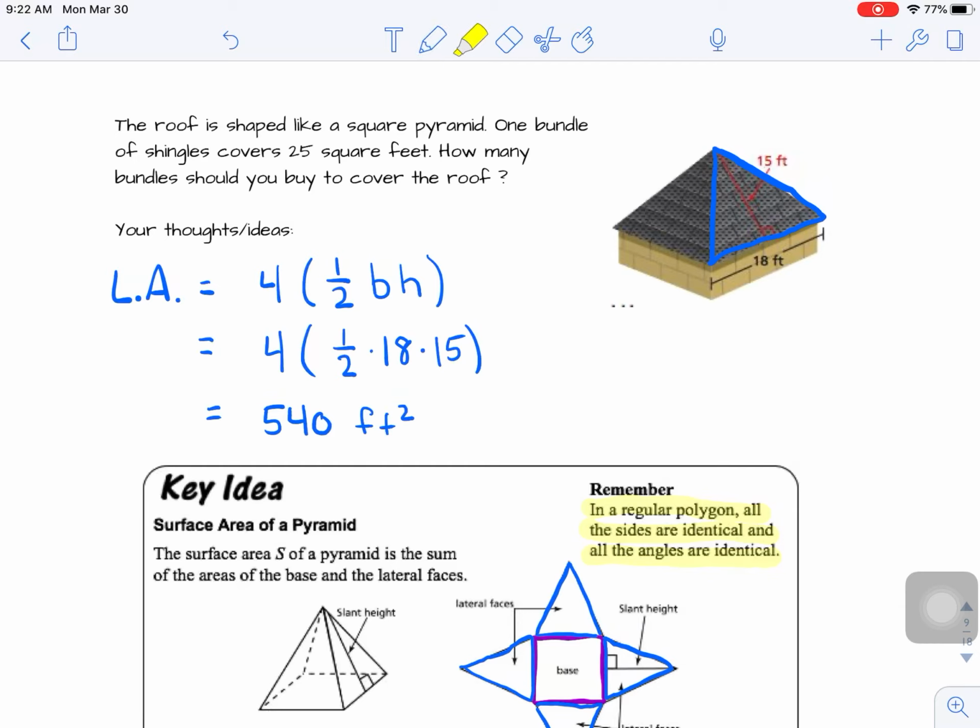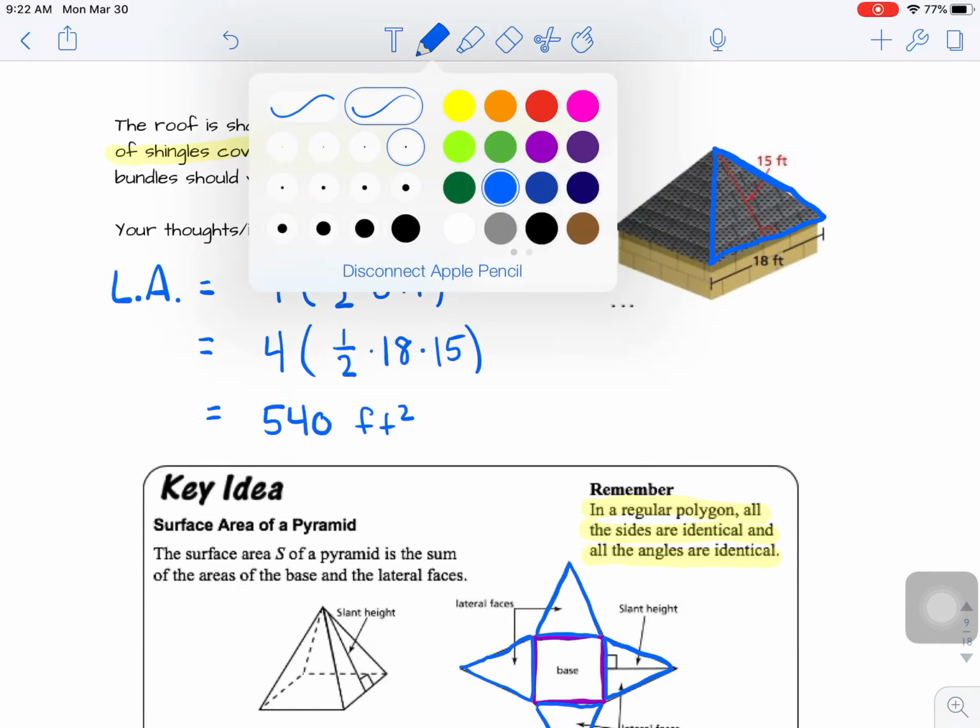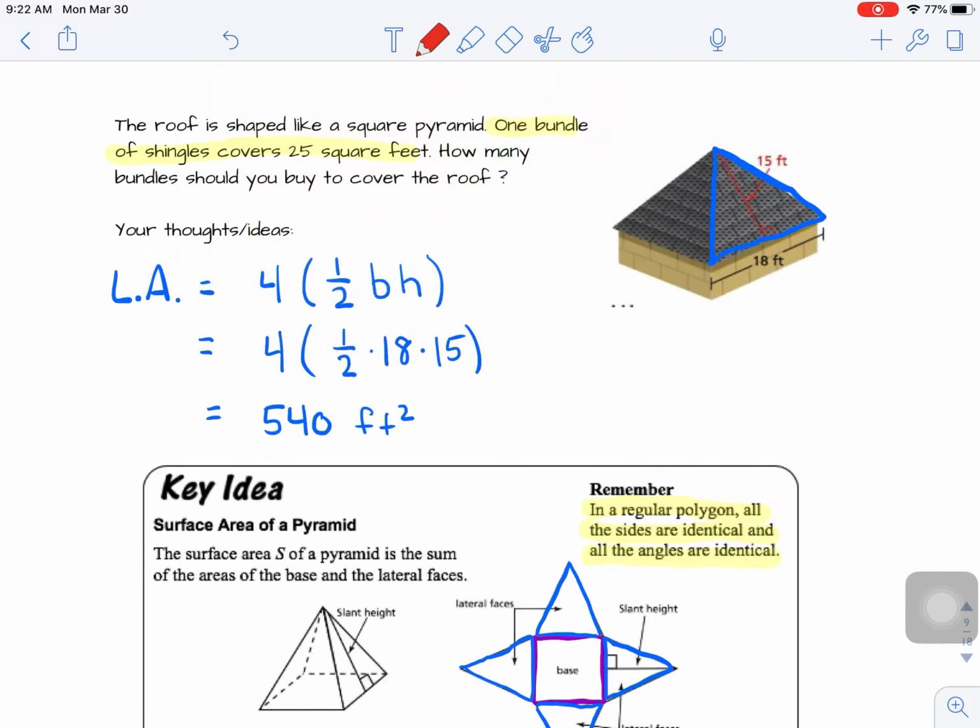Let's go back up in the problem, and it says one bundle of shingles covers 25 square feet. So if one bundle covers 25 square feet, I want to know how many times 25 fits into 540. 25 goes into 540 21 times, and that would give us 525.